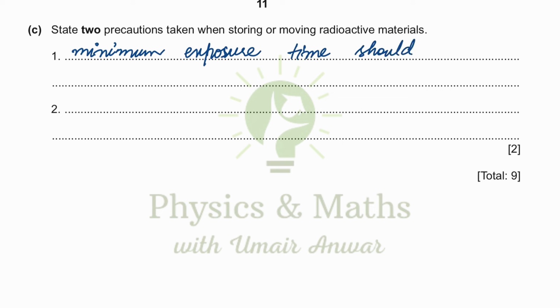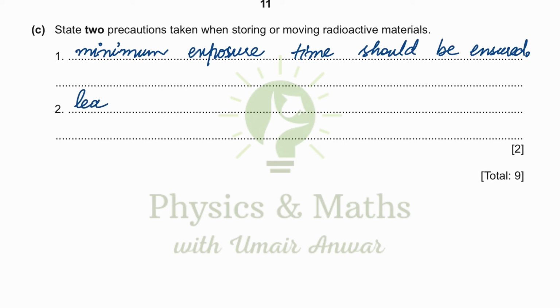It should be ensured that we are not exposed to radioactive materials for longer period of time. And lead shielding, like lead apron, gloves, or glasses, they should be used.